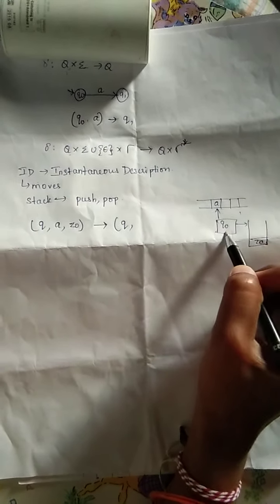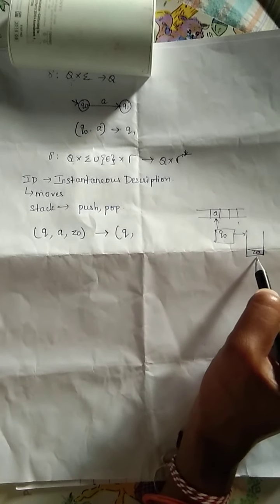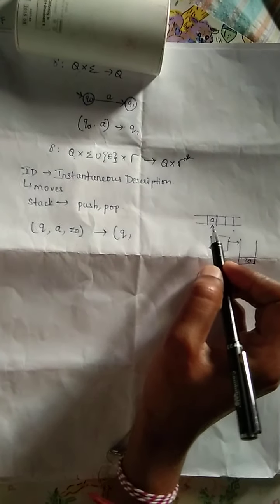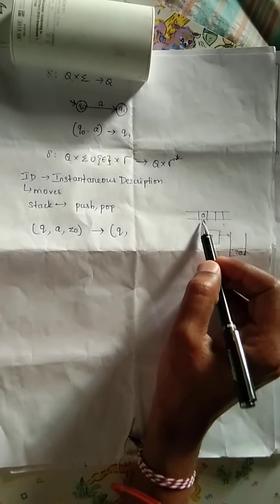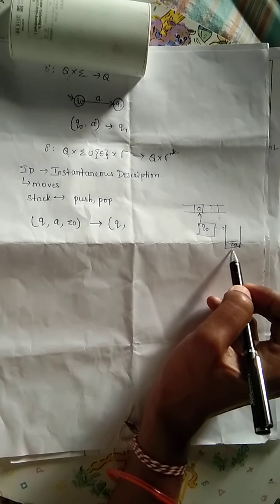This is the initial case of your pushdown automata. So input tape consists of input symbol a, and q0 is the state here, and z0 is the default stack symbol here. So this is the initial case.